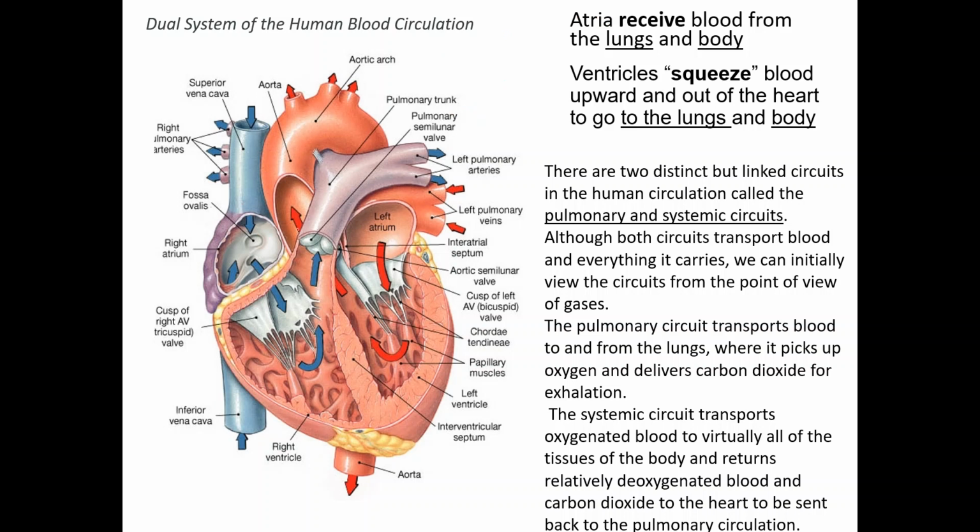We're talking about the chambers. Remember, the chambers that are superior are the atria, and the ones that are inferior are the ventricles. To orient yourself, you could orient your heart, which one is the right, which one is the left.